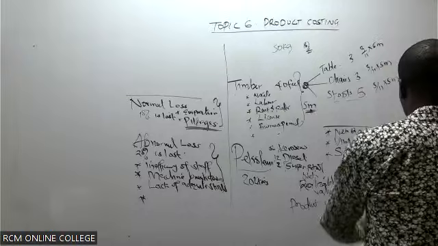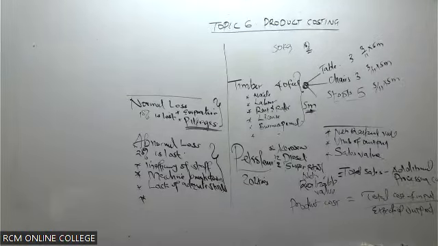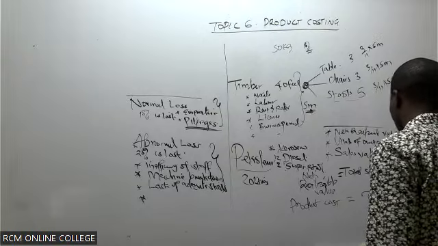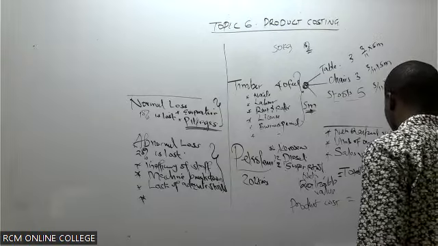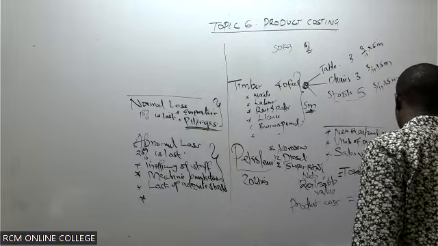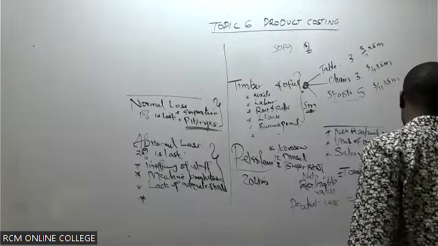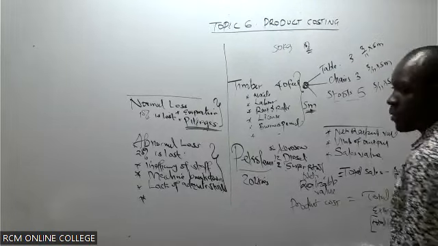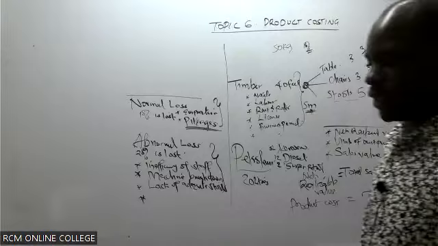So from the total input cost, we have to deduct the scrap value of normal loss. And expected output will basically be total units, total input less normal loss.